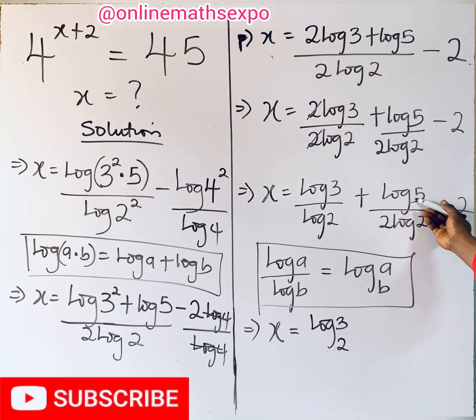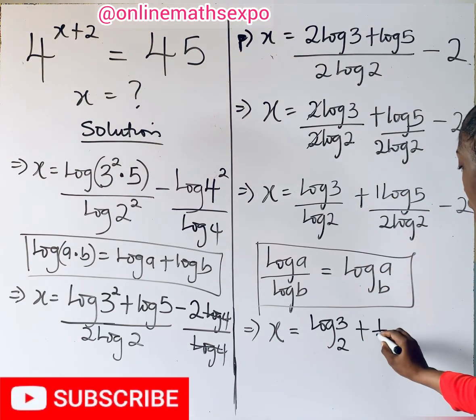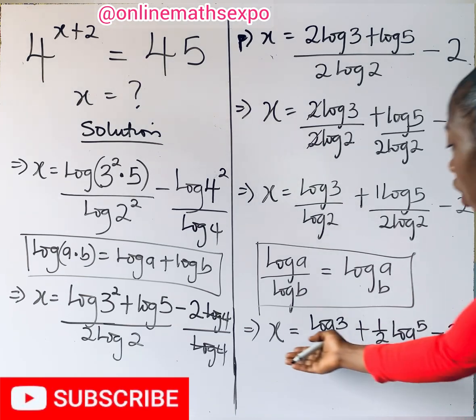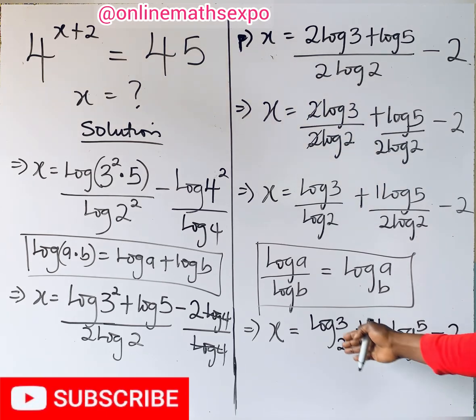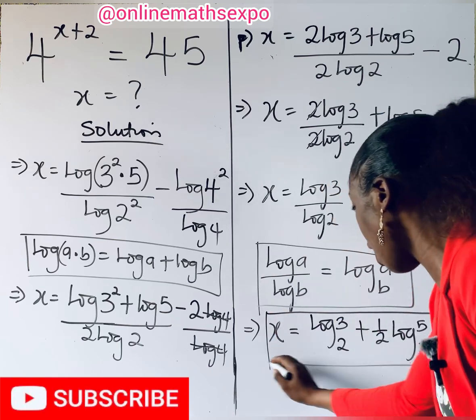Now the coefficient of this log 5 is 1, so take note. So for this you are going to have plus half of log of 5 base 2, then we have minus 2. When you look at this carefully, you observe that this is the lowest form because your answers are expressed as prime, and this becomes the value of our x.